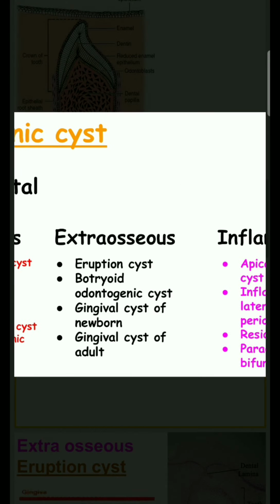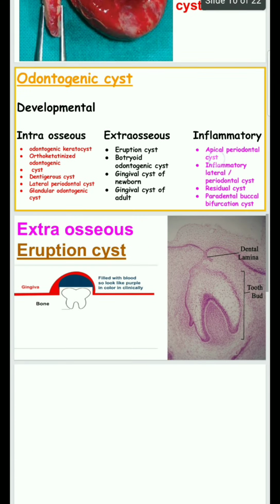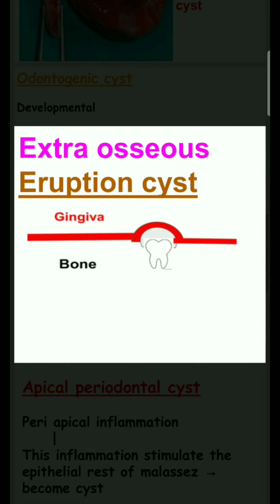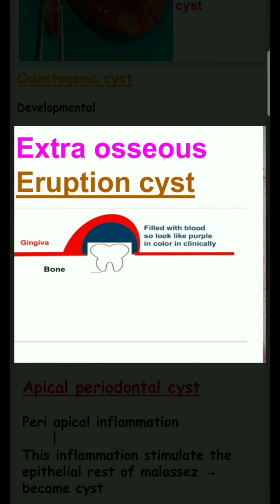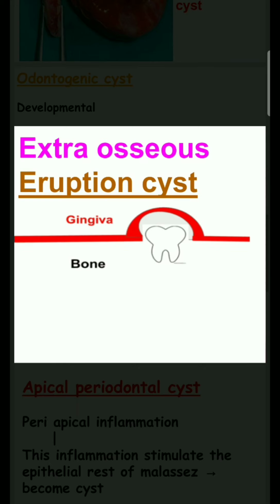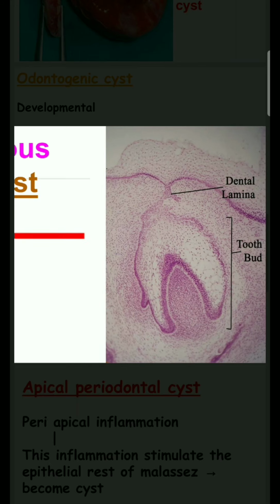Extraosseous means it is outside the bone, mostly in the soft tissues like the gingival area. For example, the eruption cyst is extraosseous. The tooth is formed inside the bone but can't erupt because of the formation of thickened fibrous connective tissue in the gingiva.